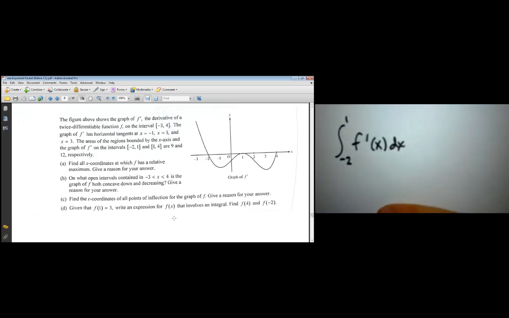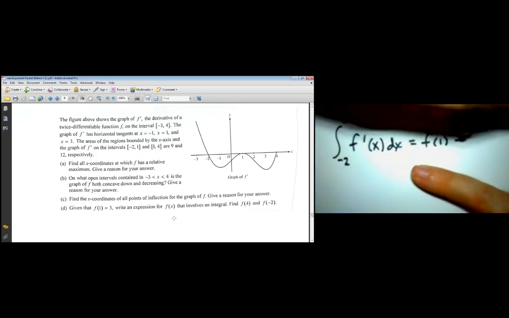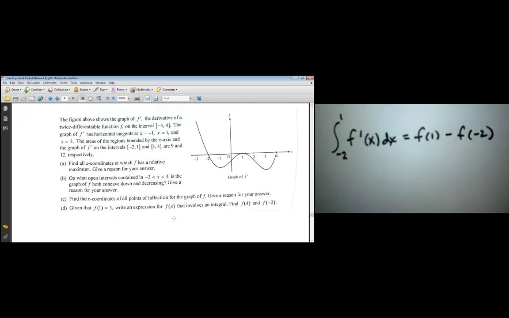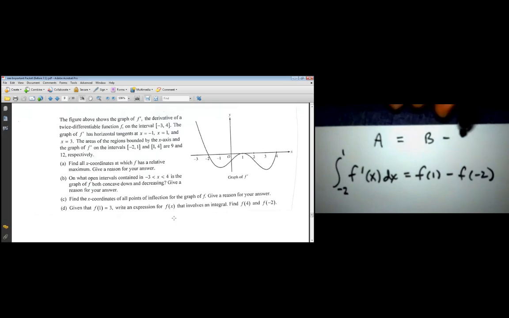If we integrate that, it's going to give me f of 1 minus f of -2. And again, you just treat this as a equals b minus c. And in this case, I'm solving for c. So I want you guys to keep this as easy as you can. So again, think of this as a equals b minus c. In this problem, I want to solve for, hopefully you guys can see it's c, right?